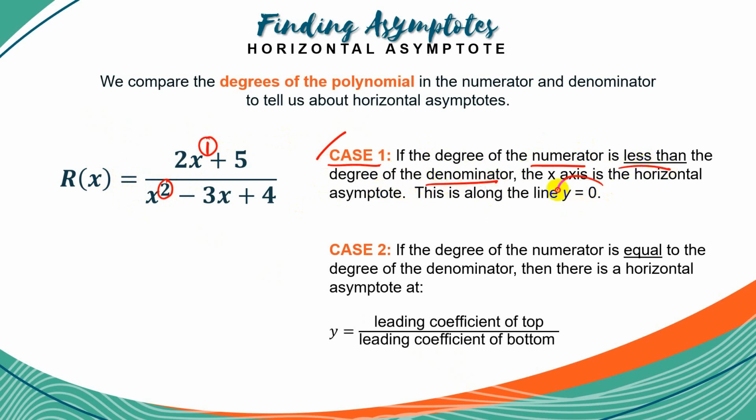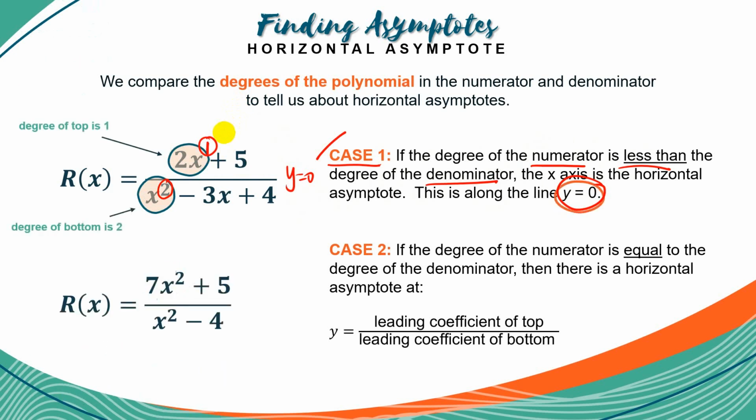So automatically, the horizontal asymptote is simply y equals 0. As simple as that. If the degree of the numerator is lesser than the highest exponent of the denominator, automatically the value of y, or the horizontal asymptote, is simply 0.